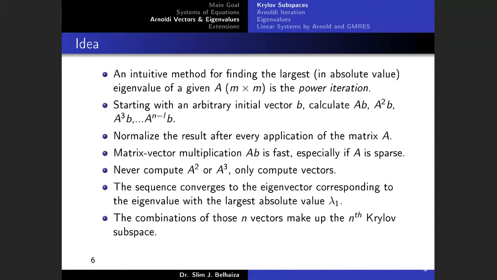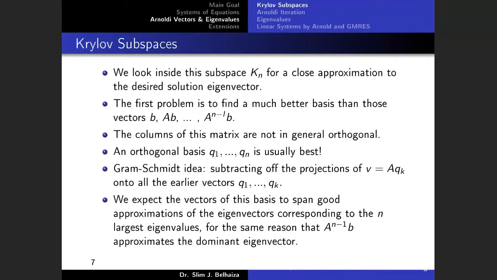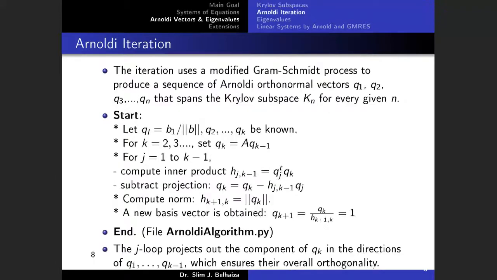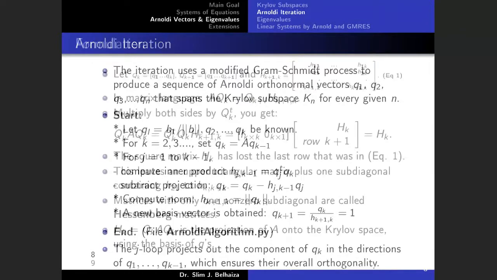To deal with the Krylov subspace, we have to generate an orthonormal basis. This is exactly what the Arnoldi iteration does. We talked about how it performs, how it is in fact one of the most powerful algorithms in numerical linear algebra. So I'll continue with the Arnoldi iteration.